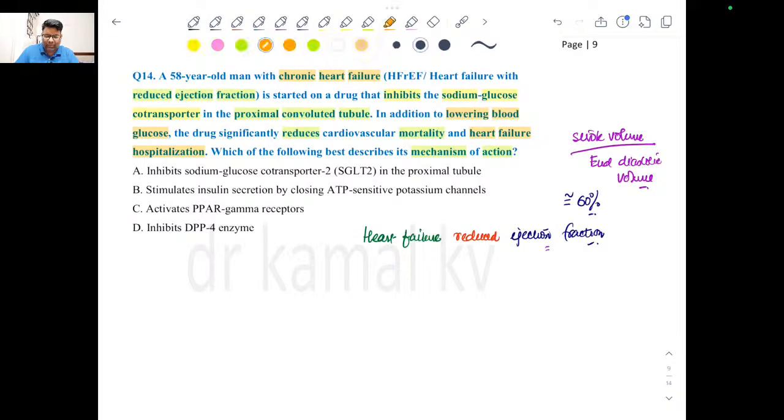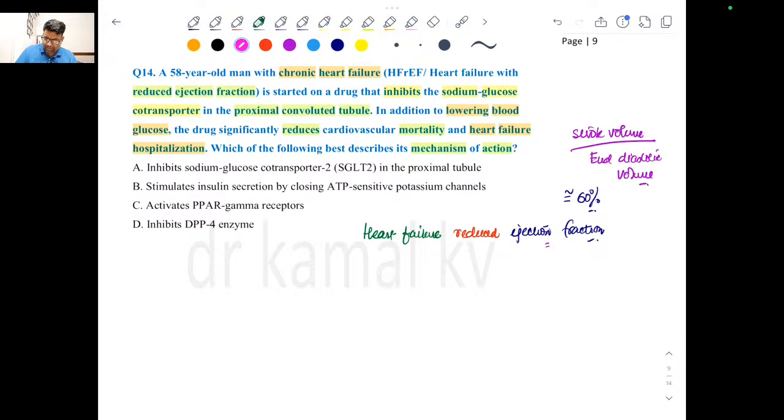So, whatever the amount of the blood which has been accumulated in the left ventricle at the end of diastole, around 60% of that should be pumped out of the left ventricle into aorta. So, that is ejection fraction. So, what is happening here? The patient is most probably a case of left ventricular failure and the ejection fraction is getting low.